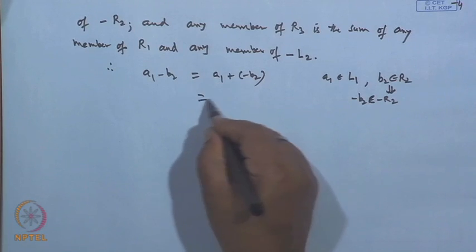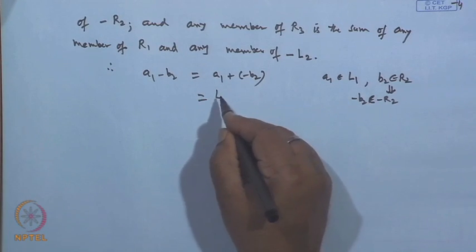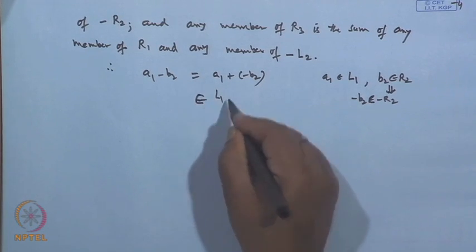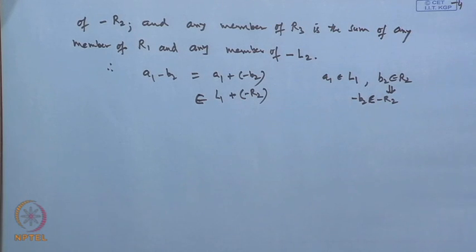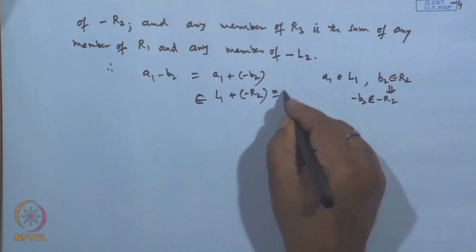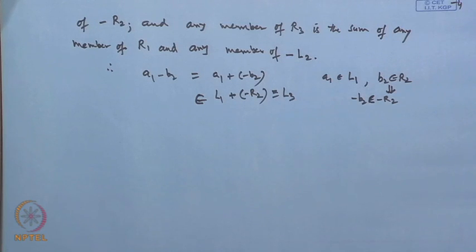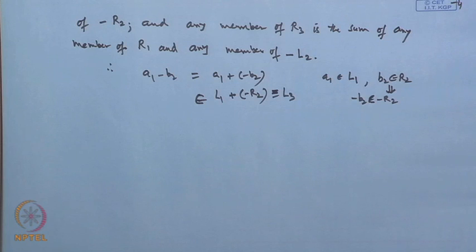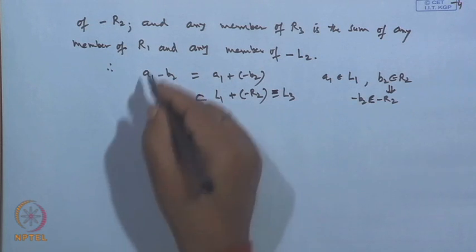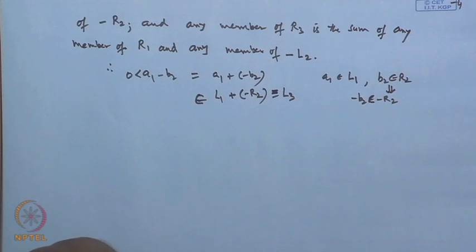Therefore, this is the sum of L1, this belongs to L1, plus minus R2, and that is nothing but L3, and this A1 minus B2 is greater than 0, positive.